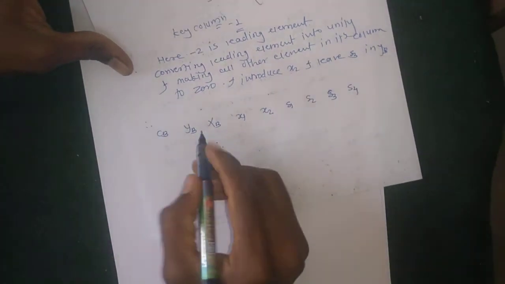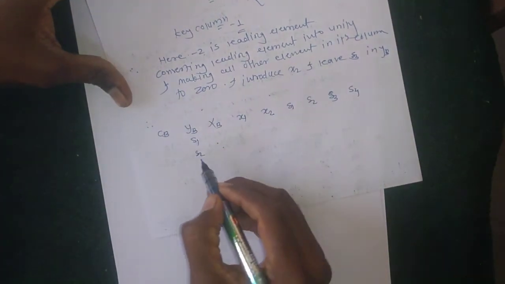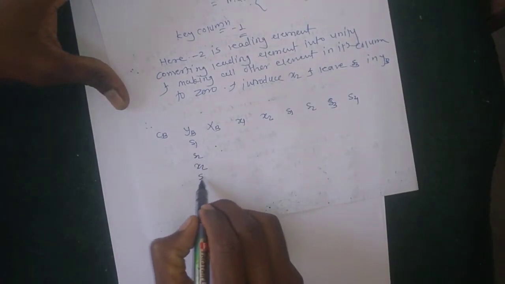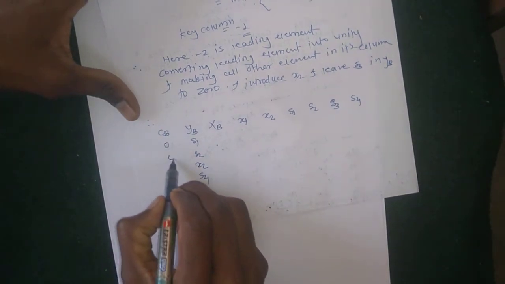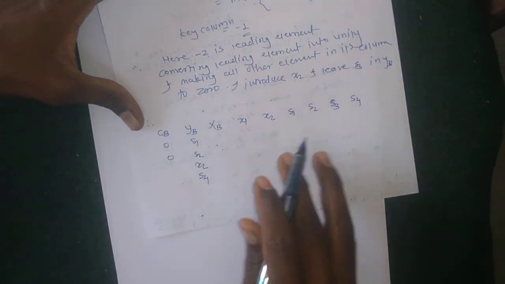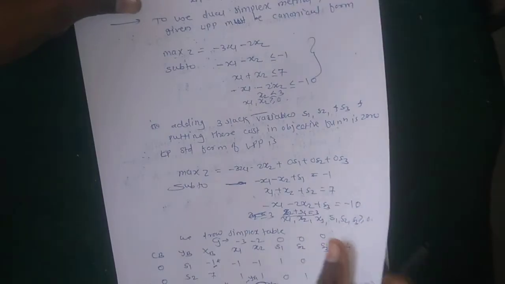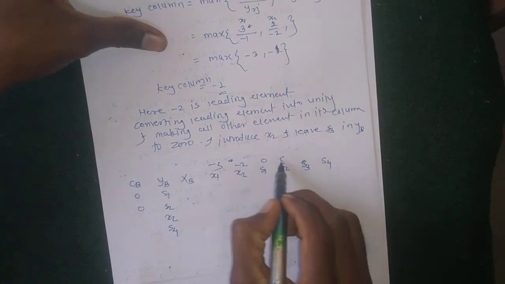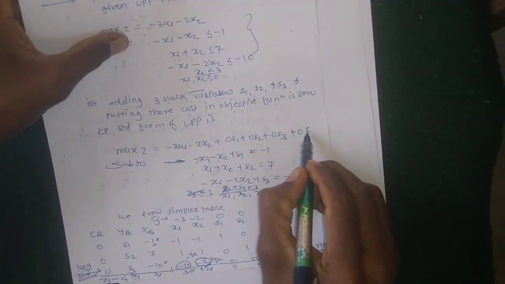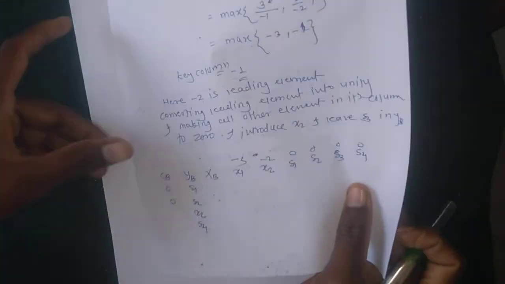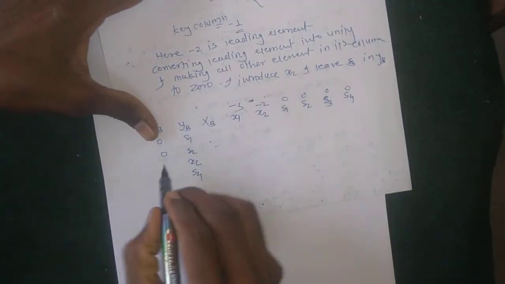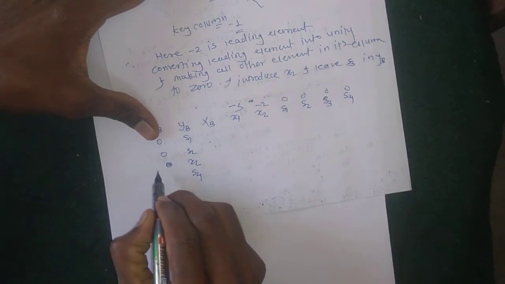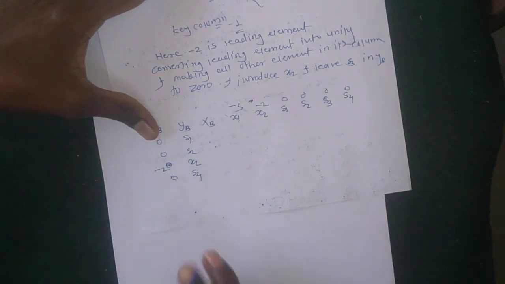Then s1, s2, then third is x2, and then s4, with 0, 0. Then x2 has the value minus 2. Here minus 3, minus 2, 0, 0, 0, 0. In the objective function, s4 is also 0.